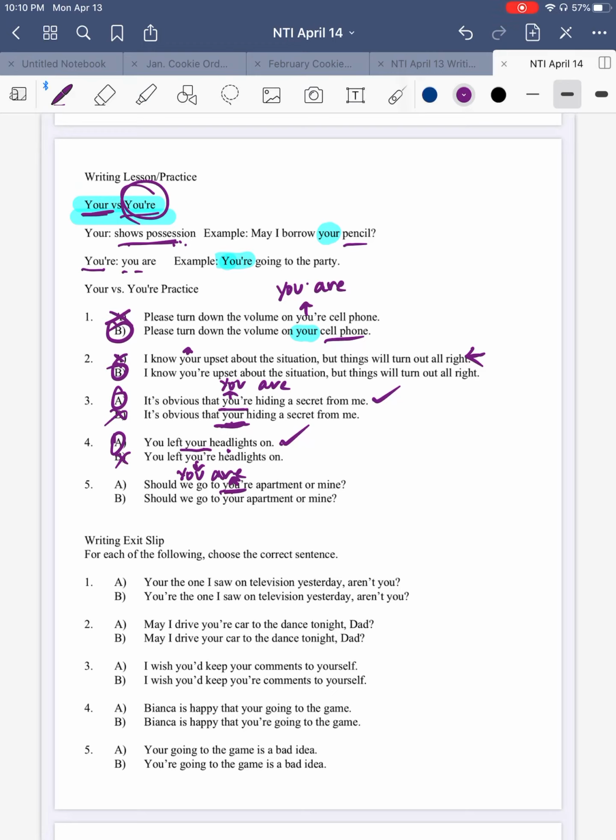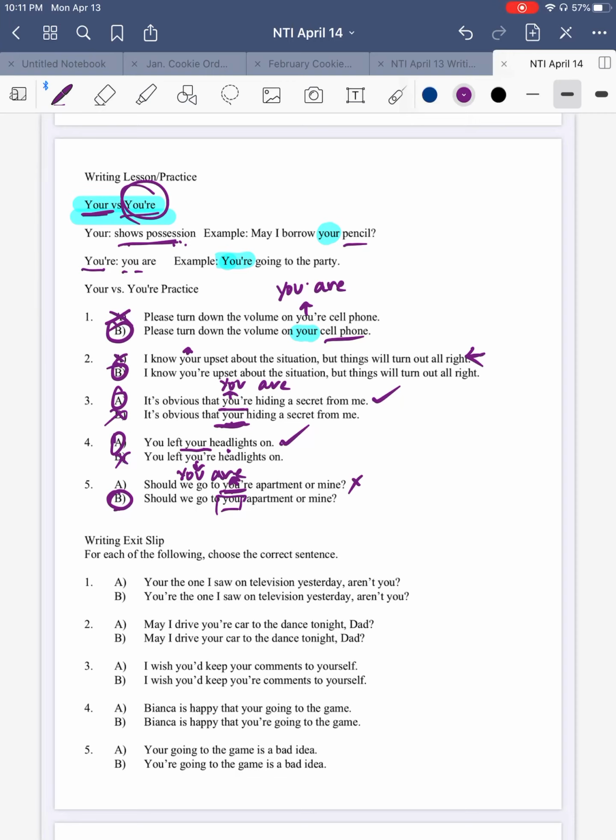That doesn't even sound right, so I'm going to put an X by that. Looking at B, "Should we go to your apartment or mine?" Now this form of "your" shows possession. What do they have? They have an apartment. So this is the correct form of "your" to use to complete that sentence and make it make sense.